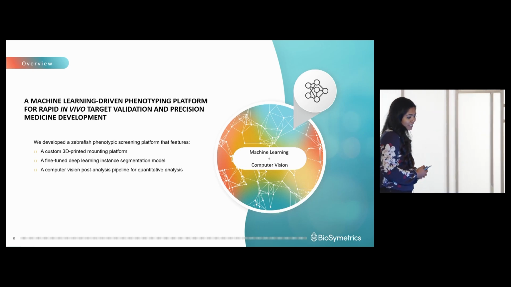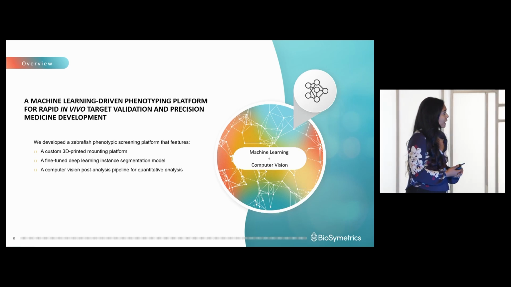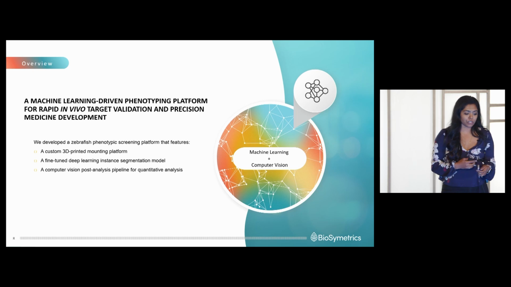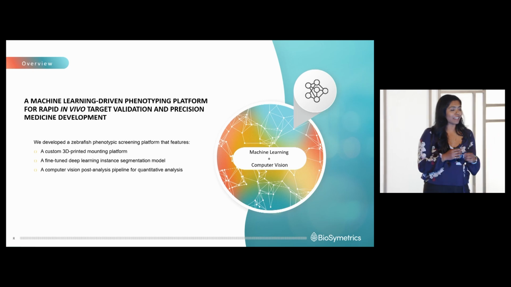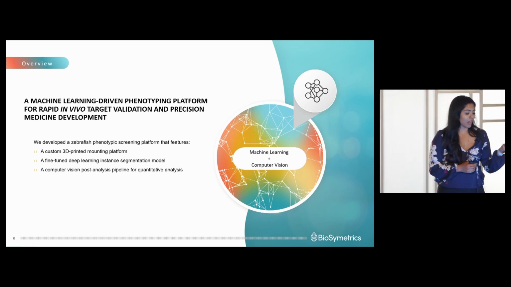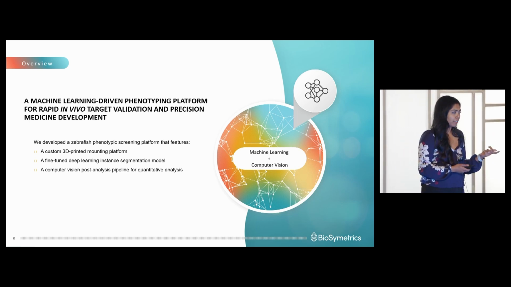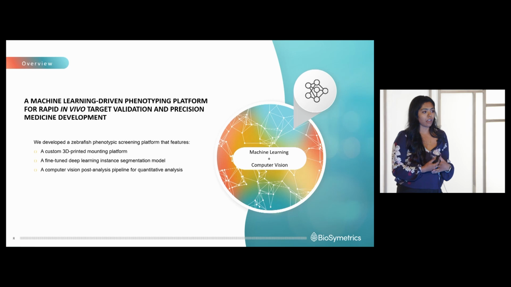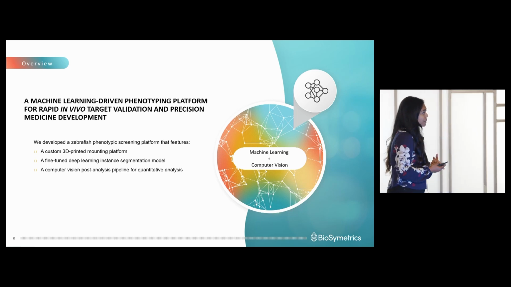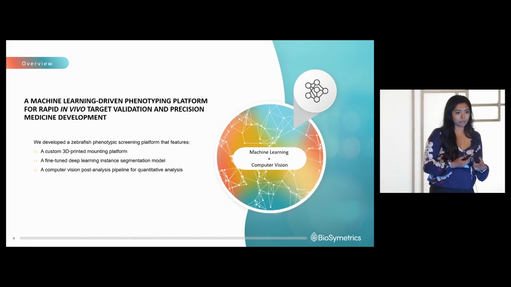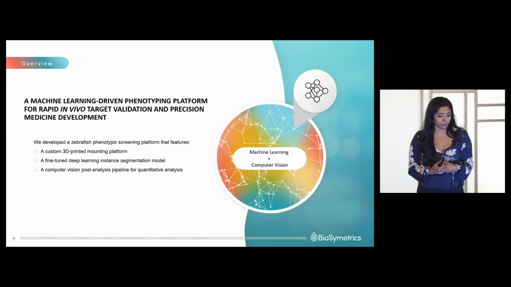So the overall study was basically to develop a zebrafish screening platform that has three specific features. One, a custom 3D printed mounting platform, and I'll go into that. This is supposed to help us with our data inconsistencies. Two, a fine-tuned deep learning instance segmentation model, and I'll explain again why we needed a segmentation model.